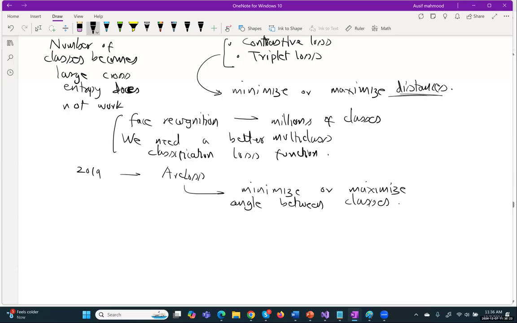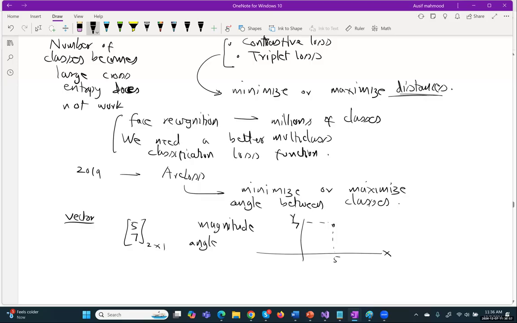Remember, if I give you a vector, let's say 5, 7 in 2D space, a 2x1 vector, it has a magnitude and it has an angle. That means x is 5, y is 7, so let's pretend it's somewhere over here.